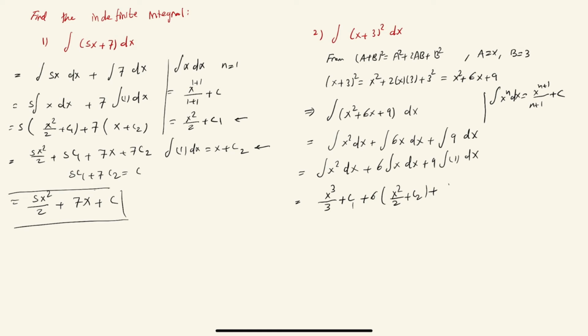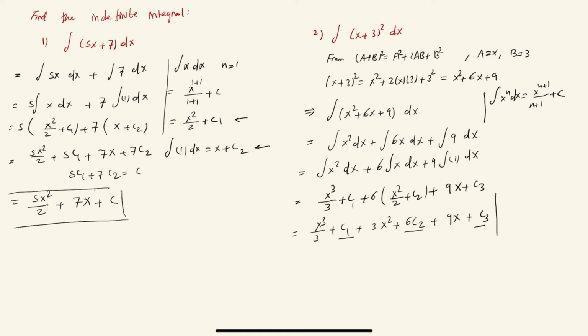And then remember the integral of a constant is going to be that constant multiplied by x. That's going to be 9x plus c3. Now I'm going to simplify 6 over 2 in the second term. That's going to be 3, and then I'm going to distribute 6 to the parentheses.